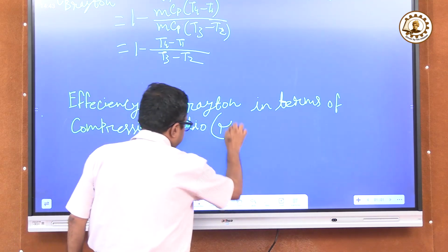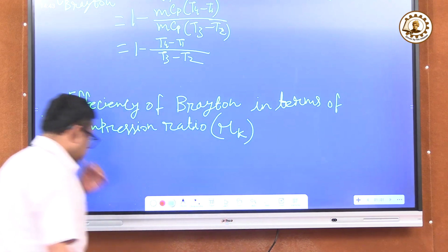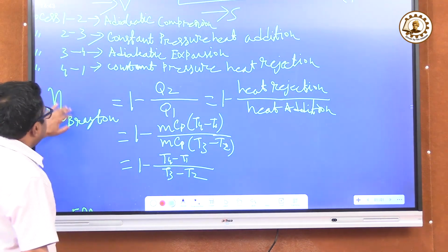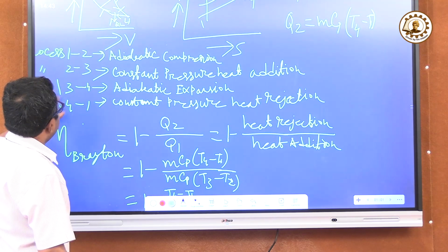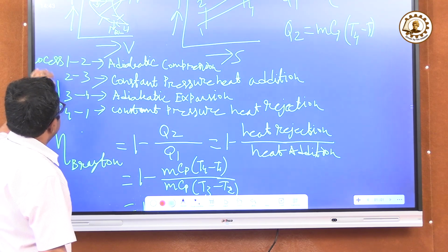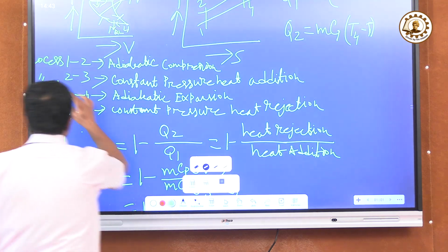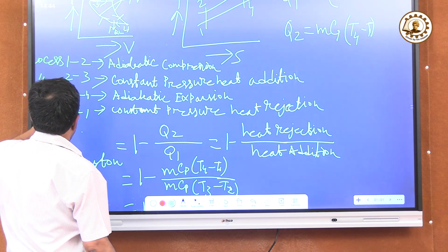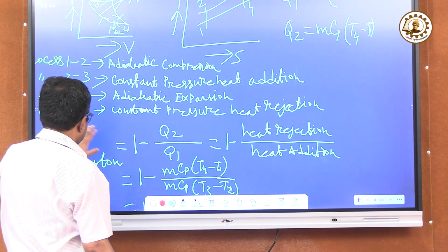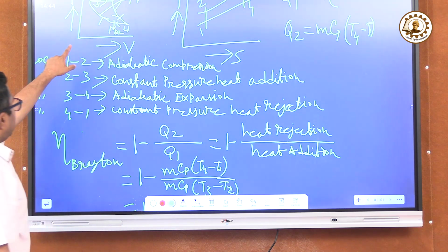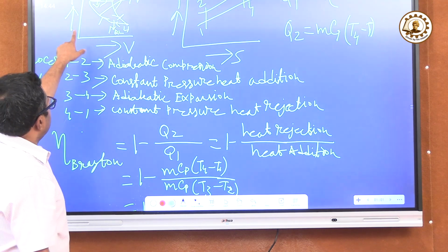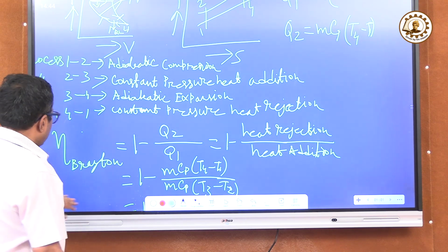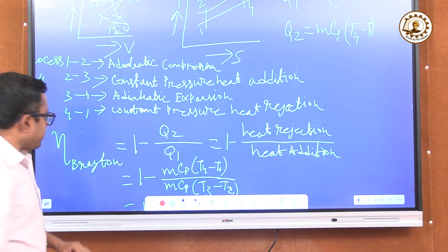The compression ratio is denoted by Rk. Now, going to the previous slide, from the graph you see that it's 1, 2, 3, 4. Process 1 to 2: what kind of process is this? This is an adiabatic process.